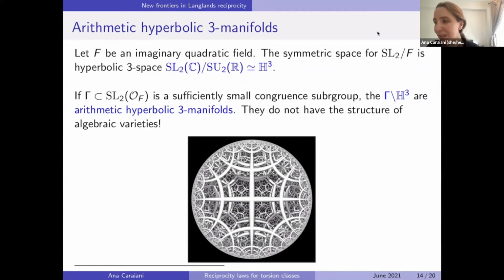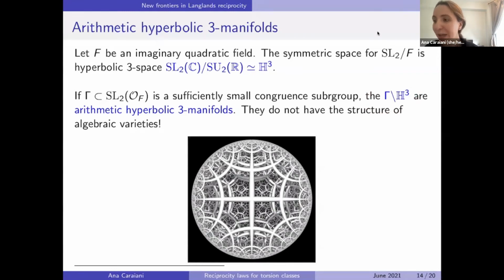And you can check that this has odd real dimension, real dimension 3. So it turns out this can be identified with hyperbolic 3-space. And for a sufficiently small congruence subgroup inside SL2 of the ring of integers O_F, you can consider locally symmetric spaces, which are quotients of hyperbolic 3-space by these arithmetic groups.